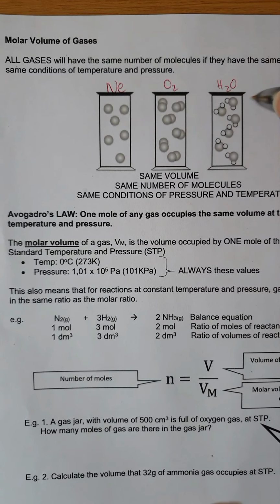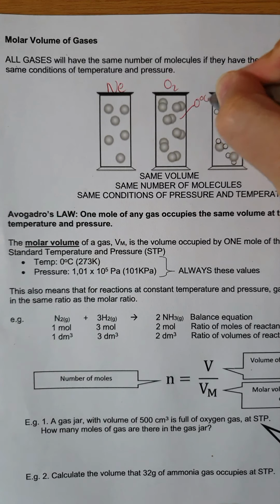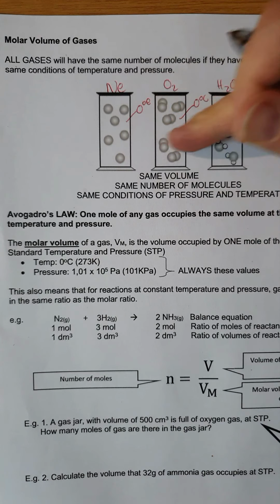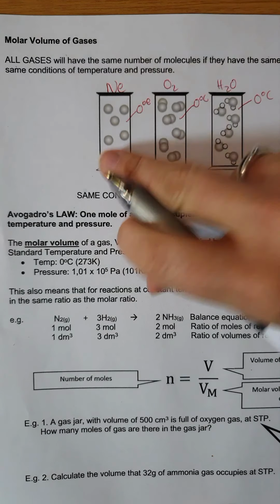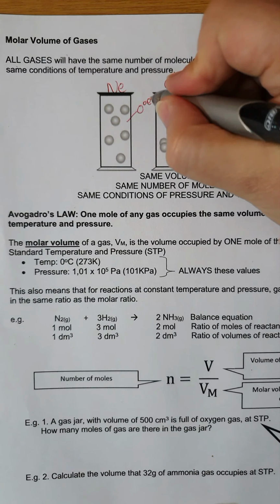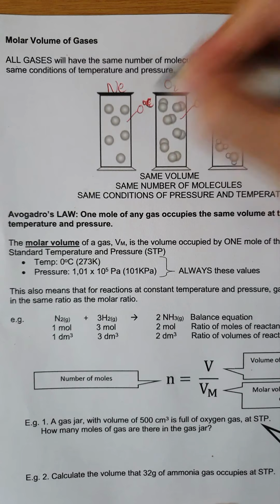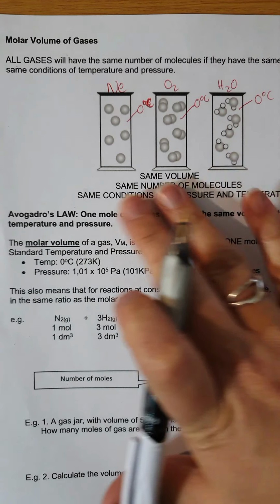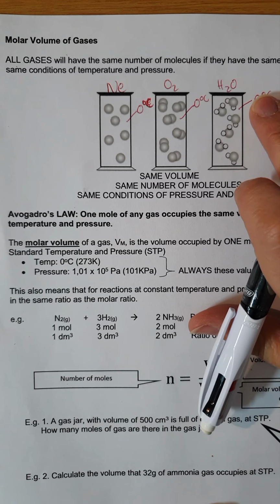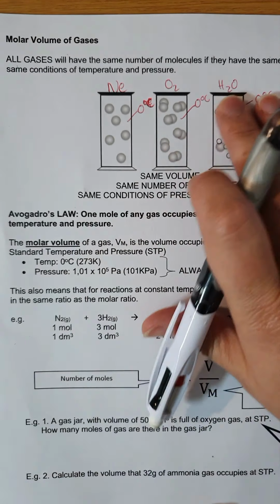So what they are saying here is that if you have, say, 0 degrees Celsius, the same temperature and the same volume, you can see they're identical containers. Their volume is exactly the same. I'm going to talk about 0 just now because it's over here, but it doesn't have to be 0.